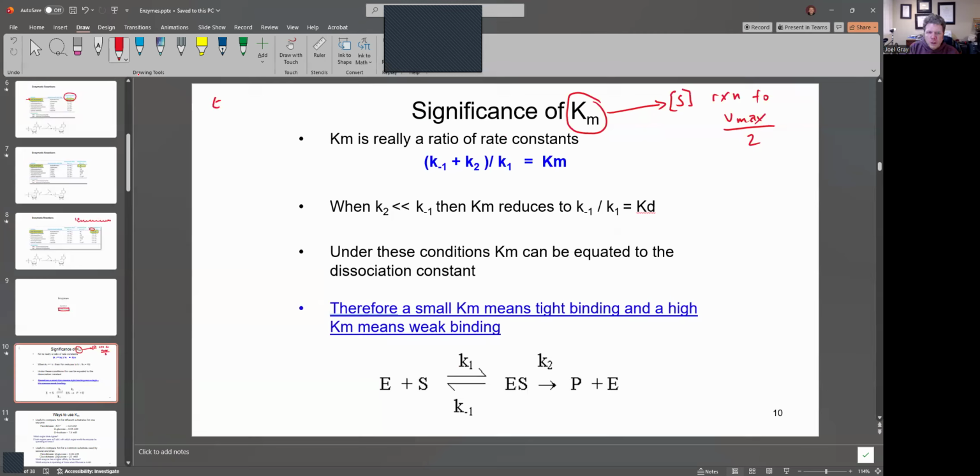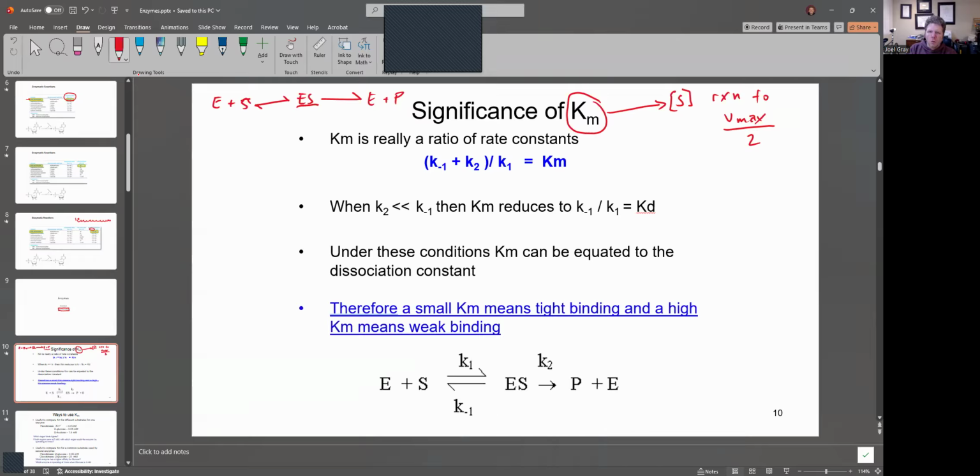Now, if you remember this notation here, E plus S yields ES yields E plus P. You'll remember the reverse reaction going from the enzyme substrate complex to the enzyme plus the substrate is also possible. The enzyme plus the product going back to the enzyme substrate complex is possible, but we have a tendency to leave out that reverse reaction just because of how unlikely it is to occur.